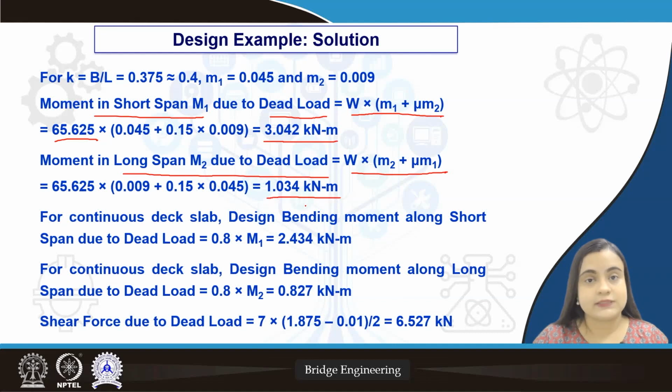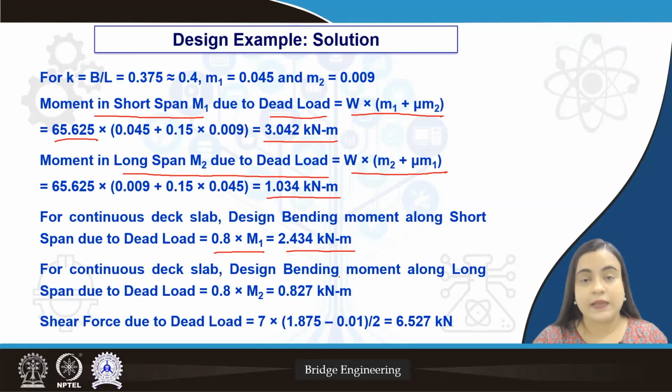Now, the deck slab is continuous. Due to the continuity effect, the design bending moment along the short span and long span direction can be computed as 0.8 m1 and 0.8 m2 respectively. So 0.8 m1, that is the dead load induced bending moment in the short span direction, keeping in mind continuity effect, will be equal to 0.8 times 3.042, that is equal to 2.434 kilonewton meter.